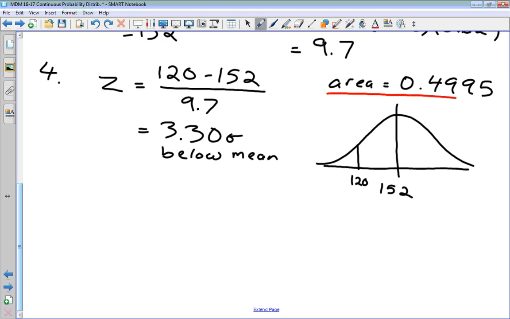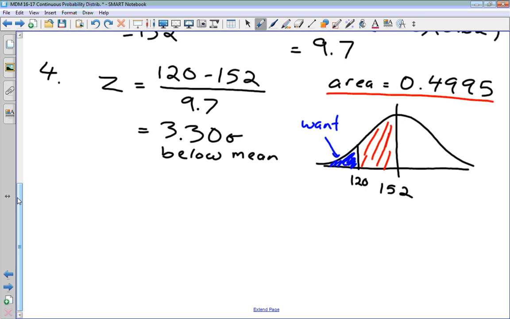The area that we've calculated here is this area in here. The area that we want is this area outside, because we want to know the probability of getting a value that is as far away from the mean or further away from the mean than that 120.